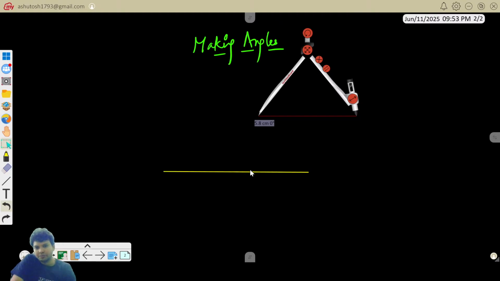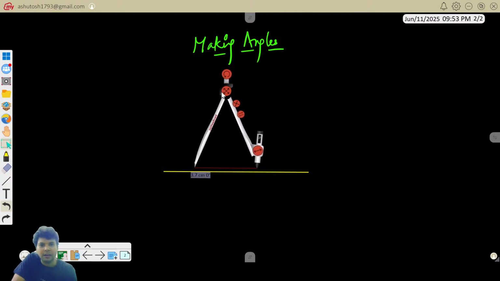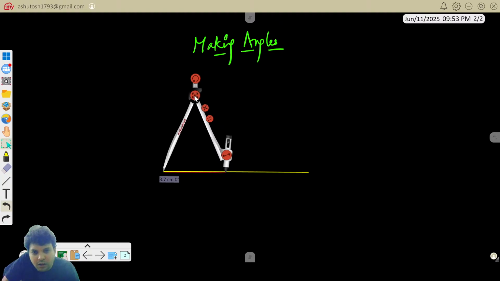Now, what we are going to do is make a 60-degree angle with the help of the compass. So how are we going to make that? Let's see. So we have made this thing.